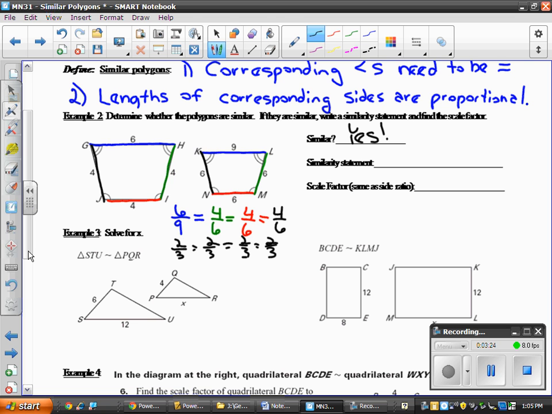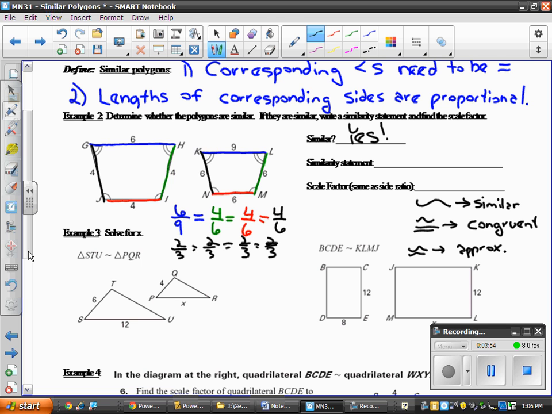Similarity statement. Before I show you how to write that, the one thing I'm going to mention down here is that this symbol means similar. This symbol you've already been using tons of times, which means congruent. And just in case you're not remembering, this symbol, two squiggly lines, is approximate, like when we round things.